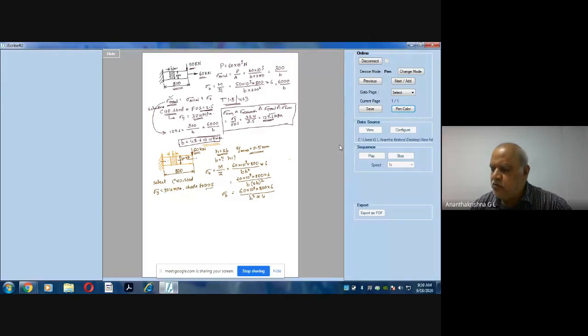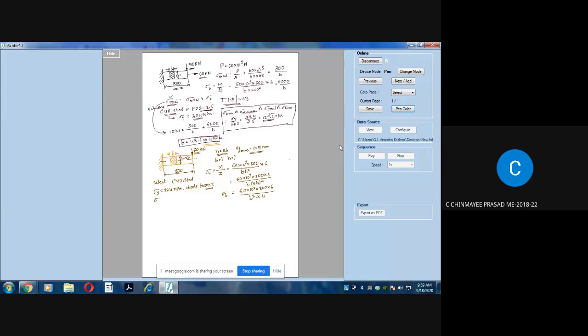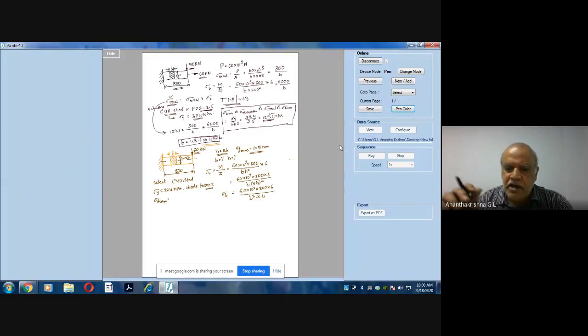Choose FOS of 2.5. So how do we get FOS of 2.5? Factor of safety depends upon the type of application. If you are using the aircraft application, the factor of safety will vary from 1.1 to 1.3 or so maximum.